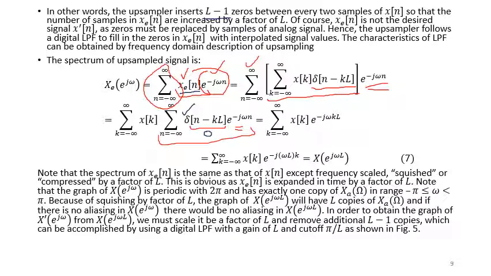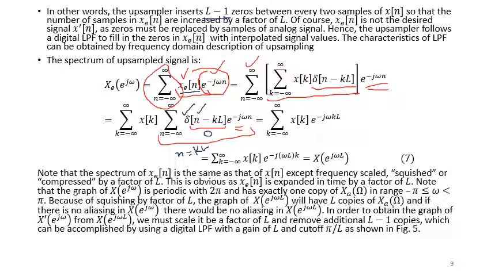When its argument is 0, it is equal to 1, and the argument is 0 when n equals kL, because n can have values from minus infinity to infinity. So the moment n equals kL, kL minus kL results in 0, and the impulse will be 1. For all other points it will be 0. I hope that's quite straightforward.